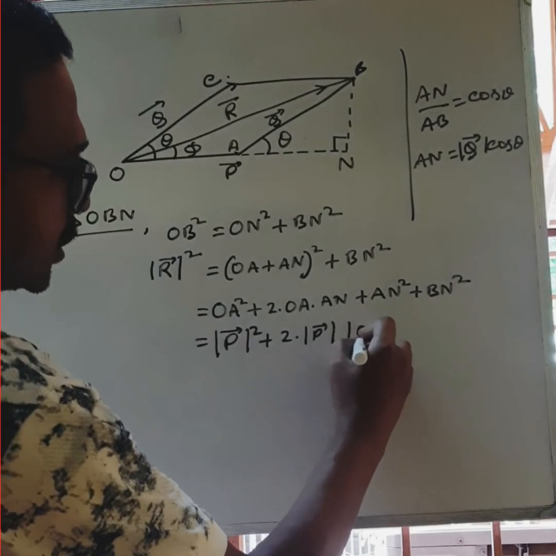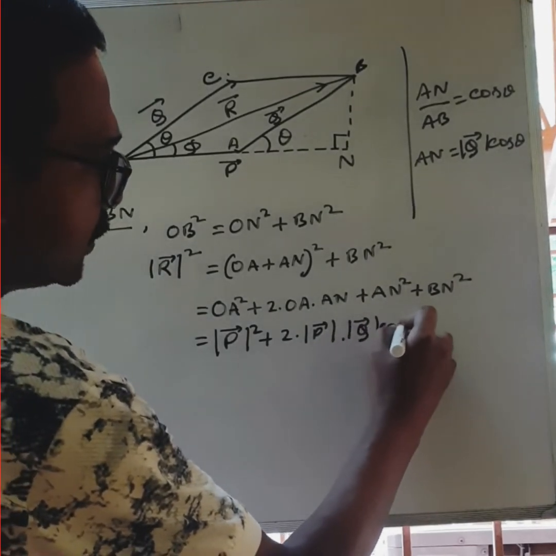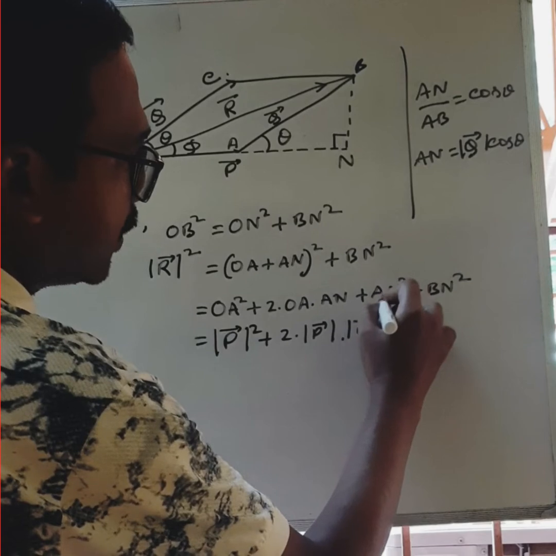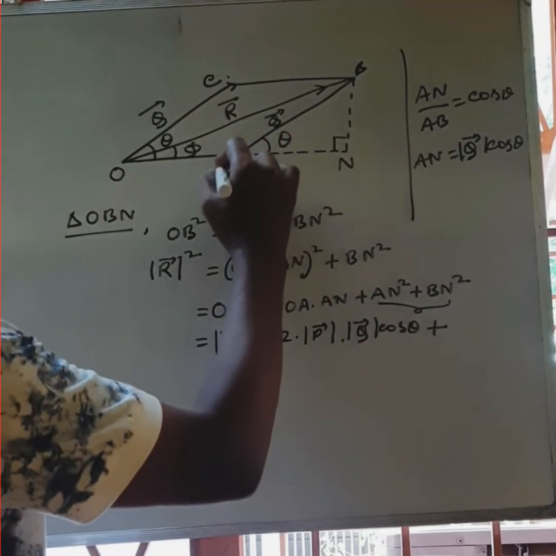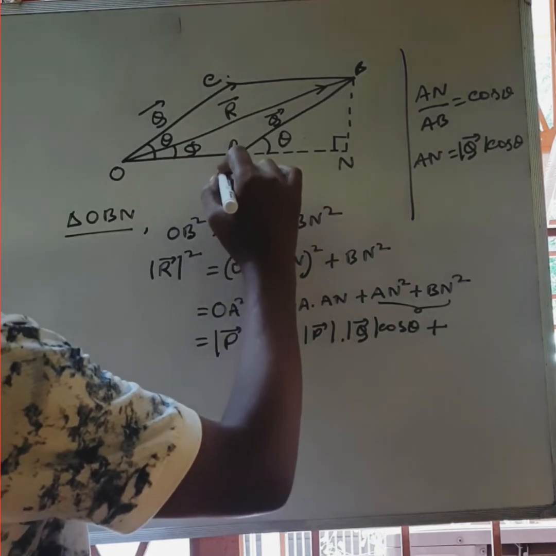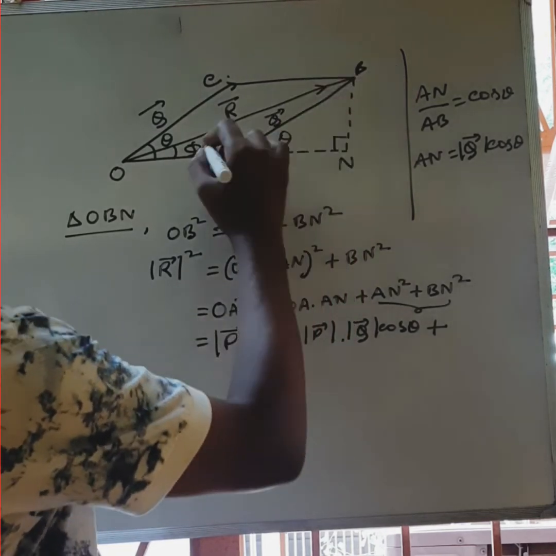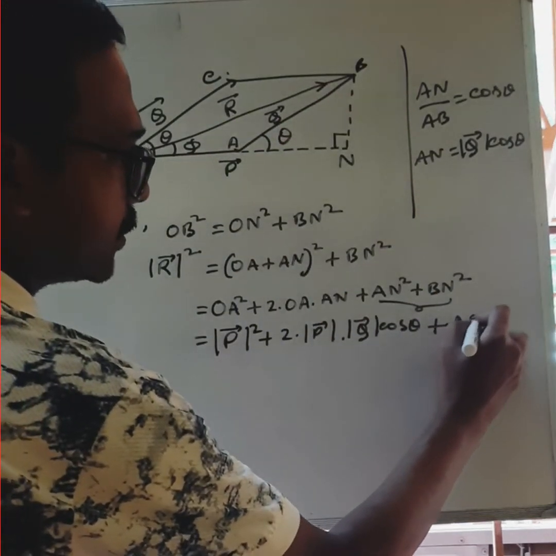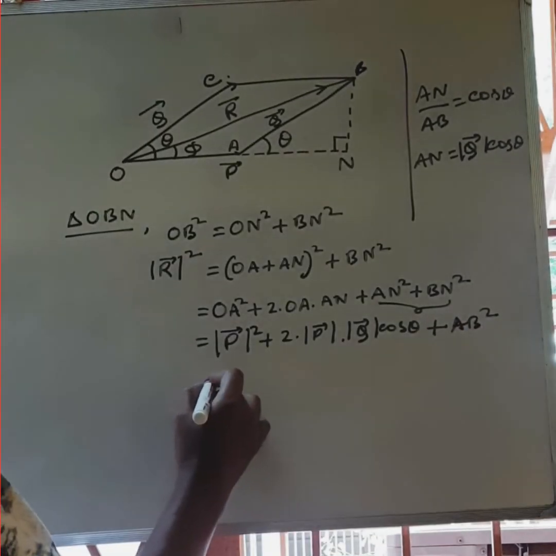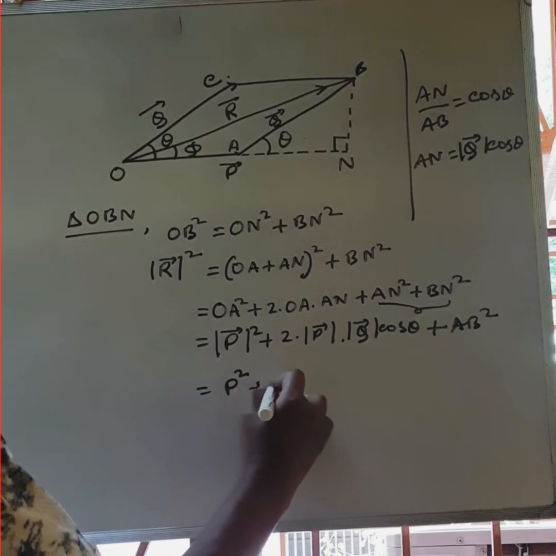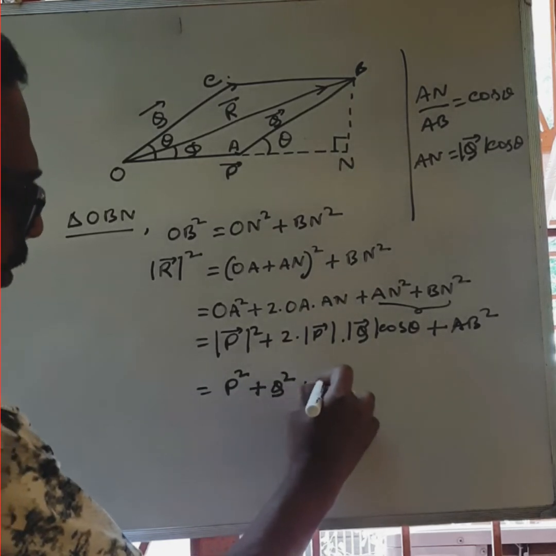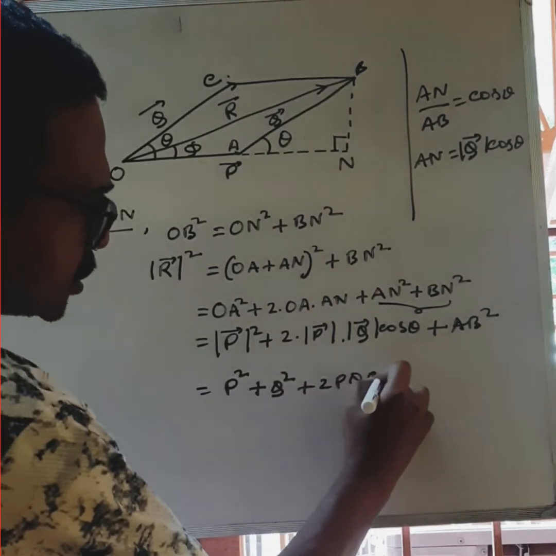So Q cos theta, and this AN square plus BN square gives you AB square. So AB square is Q square, you can write in just magnitude order. So P square plus Q square plus 2PQ cos theta.